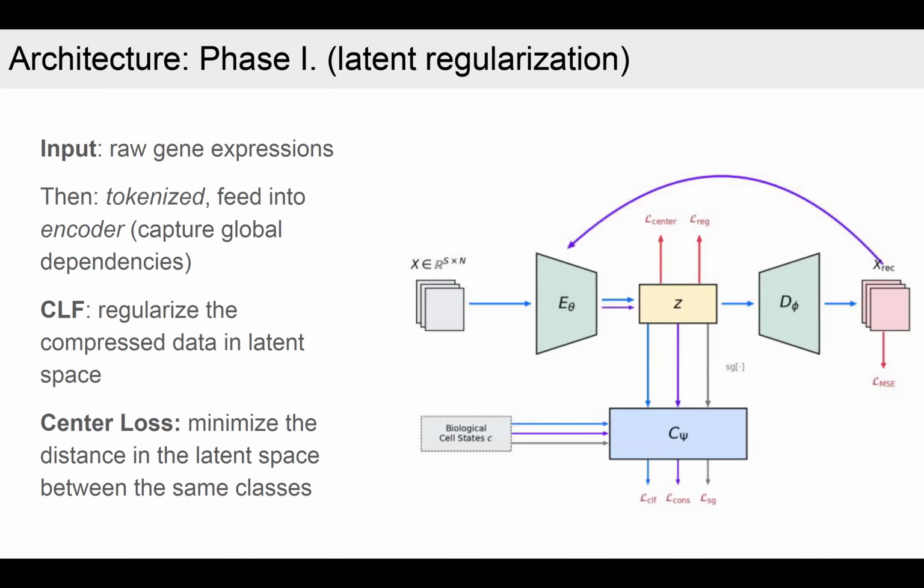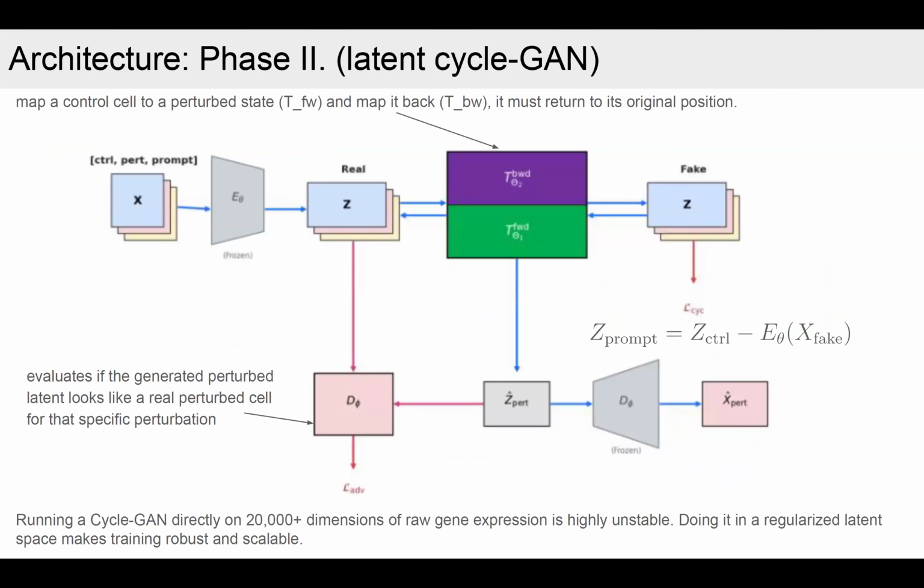It is to regularize that space, so that biologically meaningful clusters are appearing, and a loss is applied here to minimize the distance between the biologically related items. And then, of course, when we want to get the result, it is fed into a decoder, and we are getting gene expression results. But in phase one, no perturbation was applied. It is just setting the scene.